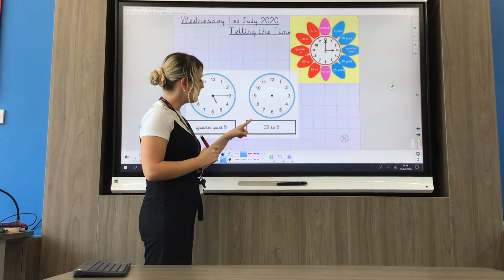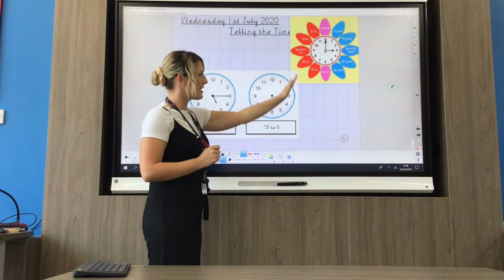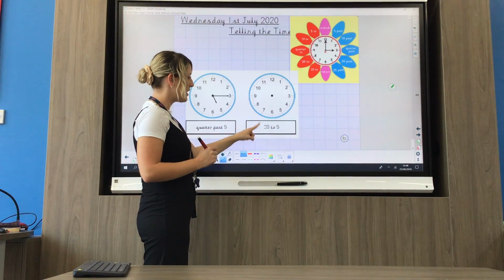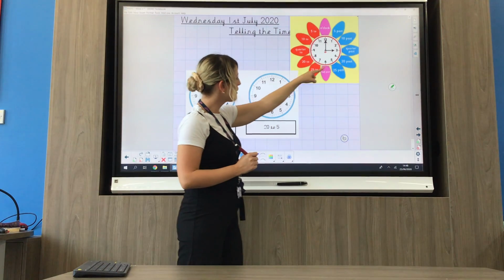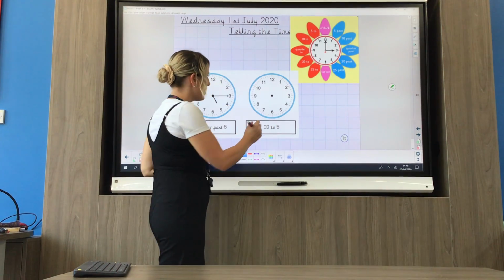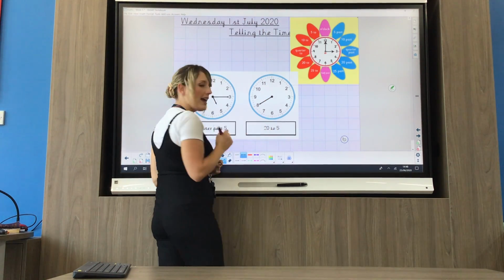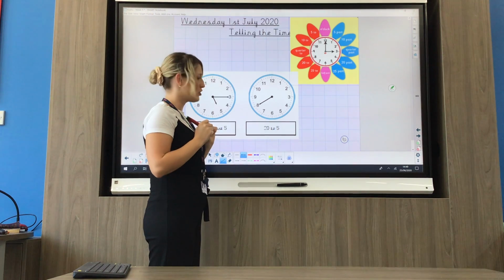The next clock I've got is 5:22. So I know it's not going to be this side of the clock, so it's going to be this side. I need 20 minutes until it's 5 o'clock, so I'm going to look for 22. It's there, by the 8. So my long minute hand has got to point at the 8. Now it's 5, 10, 15, 20 minutes to.